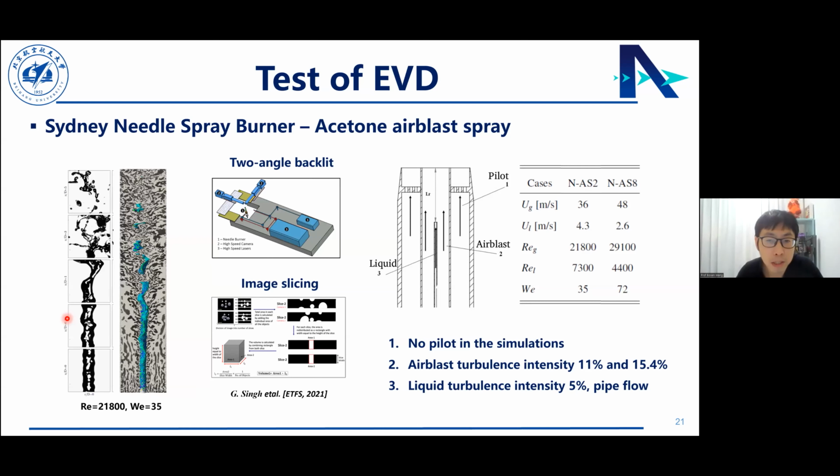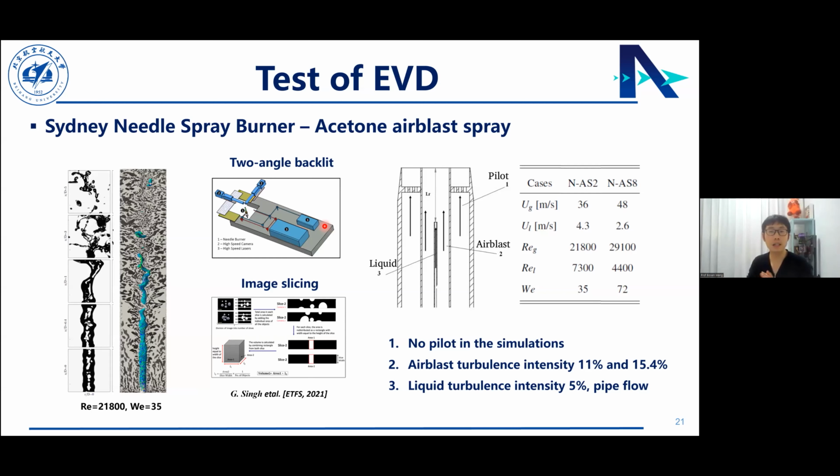The experimental data are obtained by the two-angle backlit and image slashing technique. In our simulation, we only model the breakup in the central channel and no pallet. The air-blast turbulence intensity from the experiment is 11% and 15.4% for these two cases, and the liquid turbulence intensity is about 5% in the pipe flow.